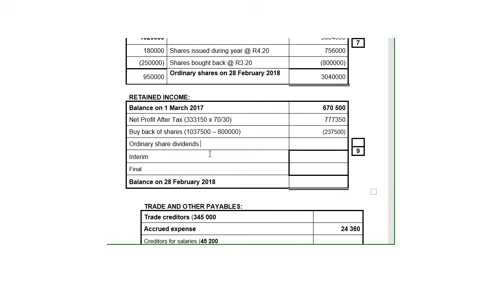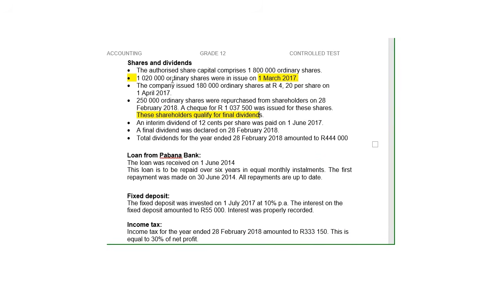Good. Dividends, I've got a split interim and final. So I first have to look at what information they give me for the interim. Still under the shares and dividends, an interim dividend of 12 cents per share was paid on the 1st of June 2017. By the 1st of June, the people that we issued shares to also had shares. So it's the people that had shares at the beginning, 1st of March, plus the ones that we issued on the 1st of April, but not the ones that we bought back on the 28th of February, because that happened after this day.